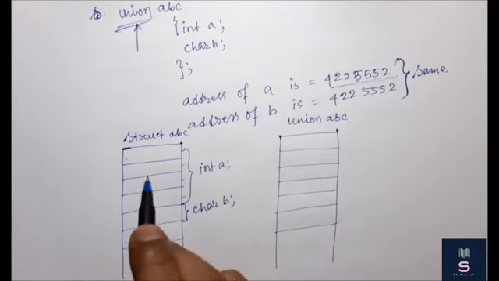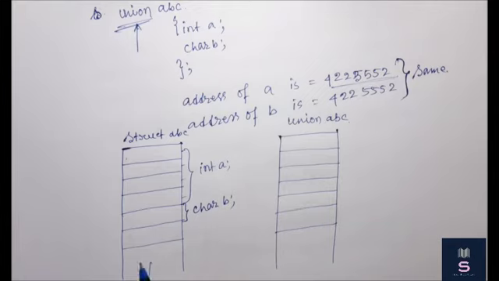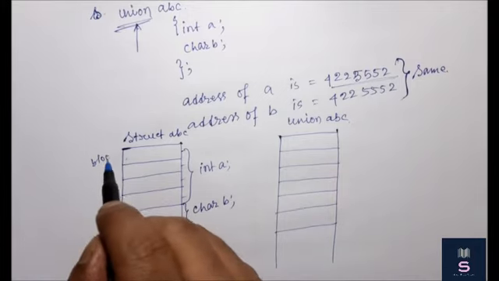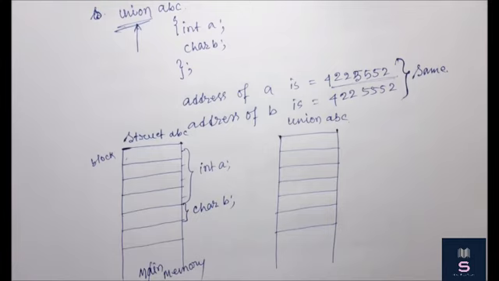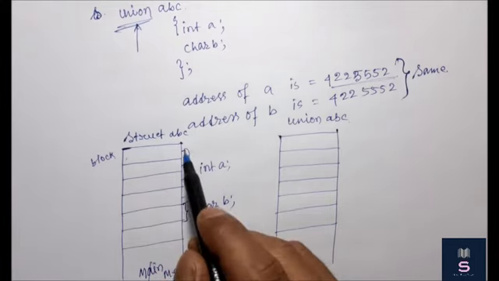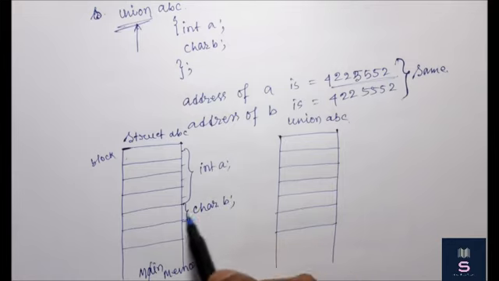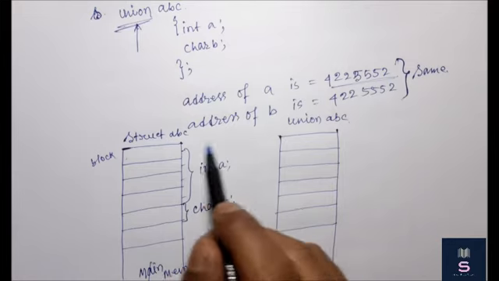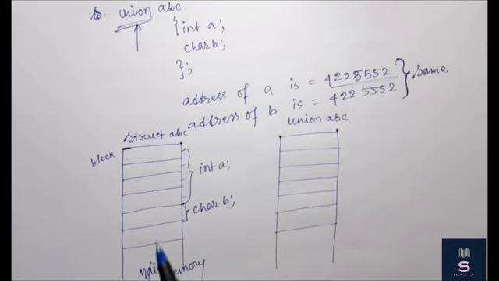Each block in main memory consists of 1 byte, so 4 bytes for integer and 1 byte for character. Total size is 5, I have already discussed.